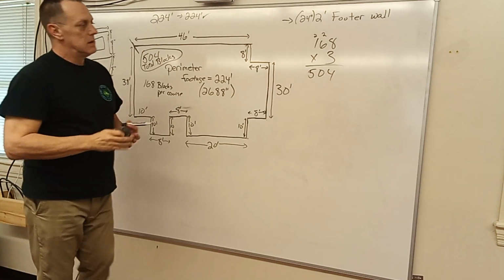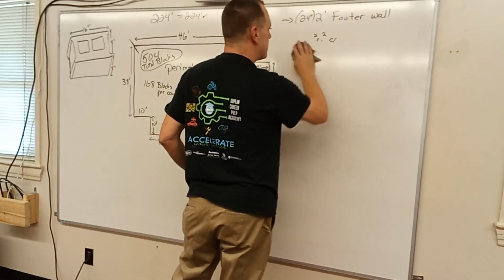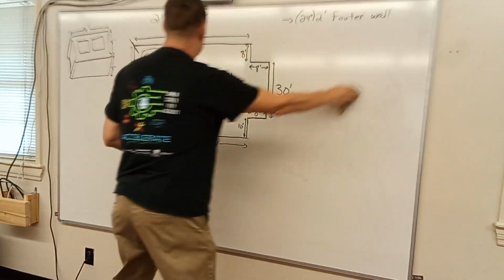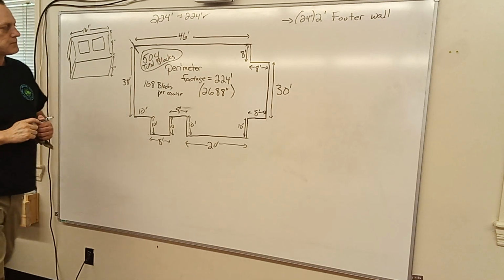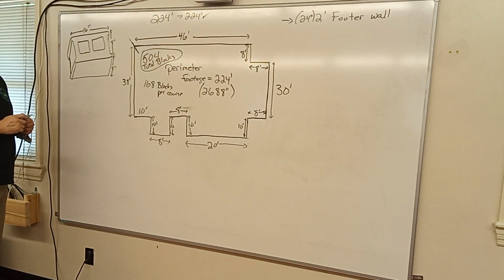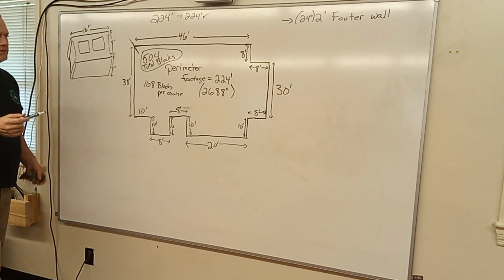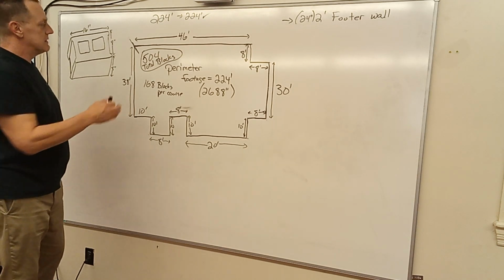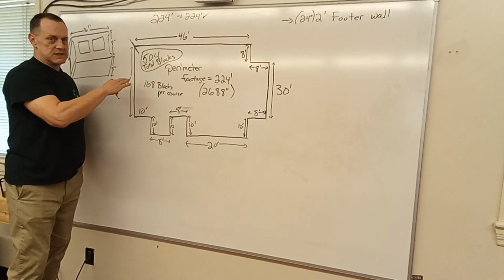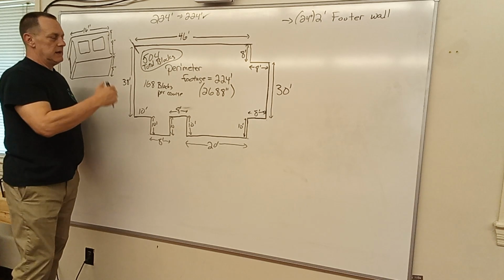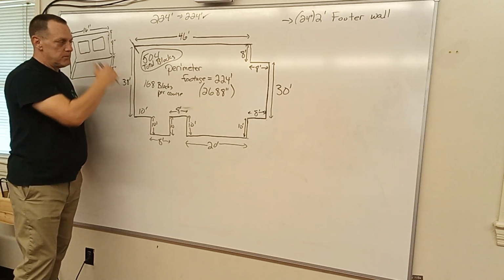Okay? Now, that works, do it that way. So you're multiplying by 12. You multiply the total footage by 16, and then you divide it by 12, okay?